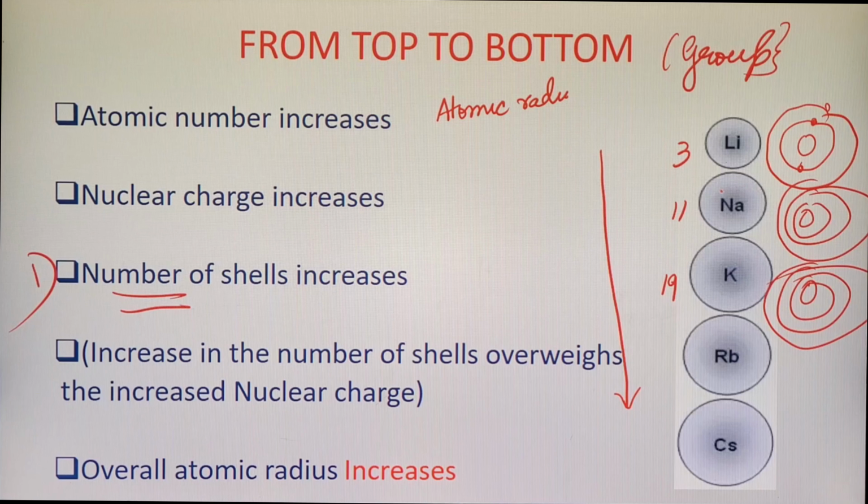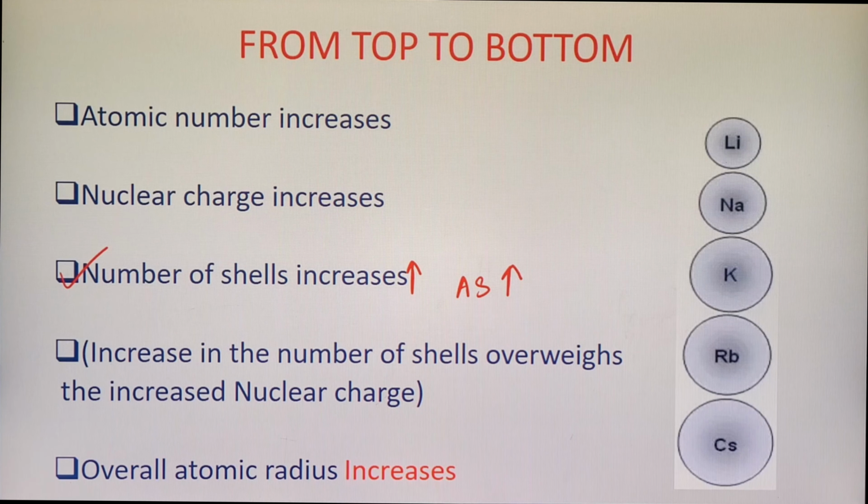So as you are going from top to bottom, what is happening to the number of shells? The number of shells is increasing. And we know if the number of shells is increasing, the atomic size also increases. Yes or no, children? So this is factor number 1.